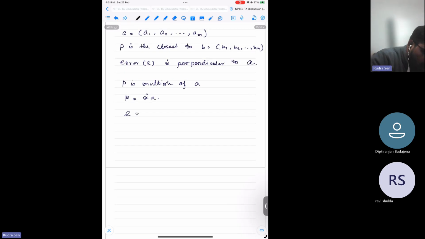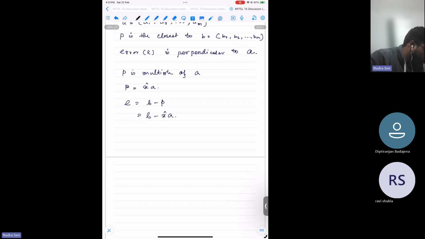Now the error vector E is basically B minus P, which is B minus x hat into A, right?